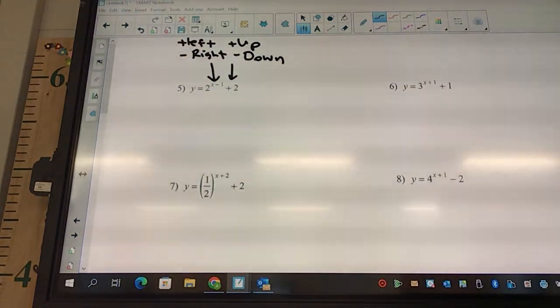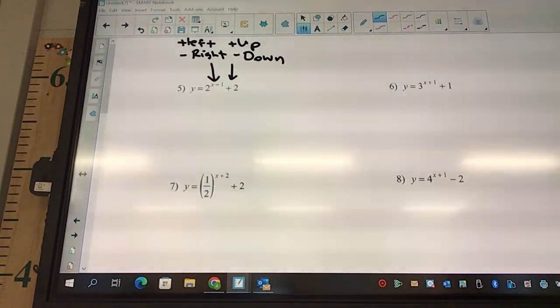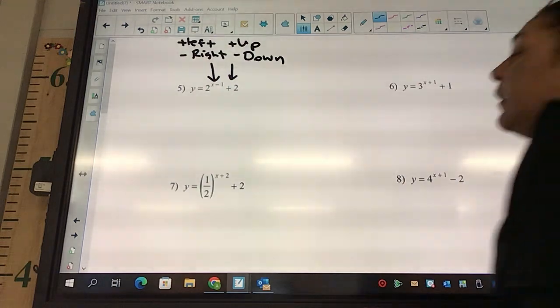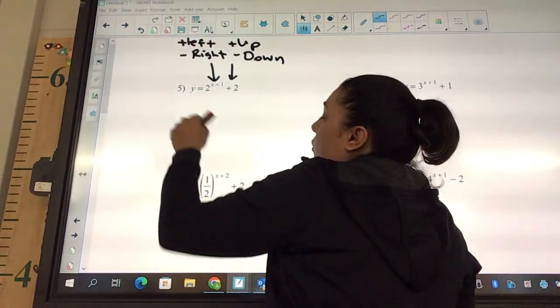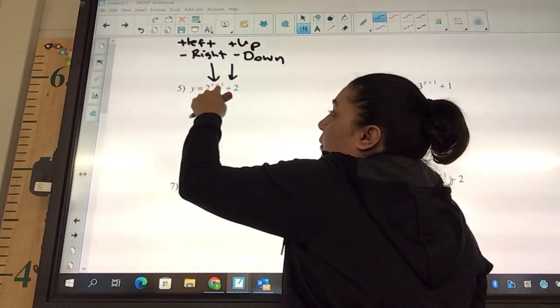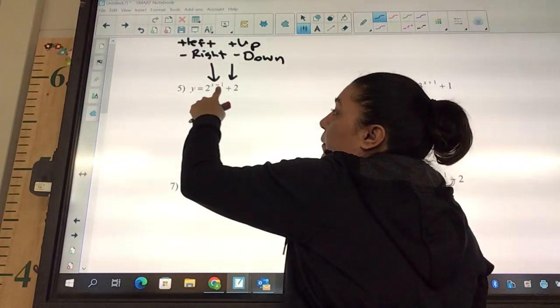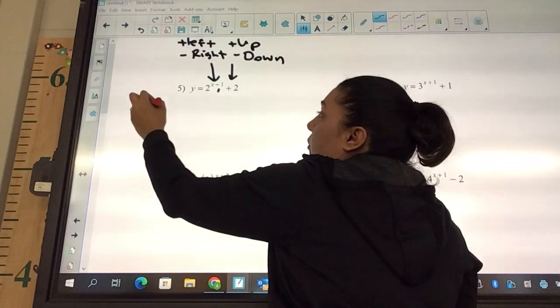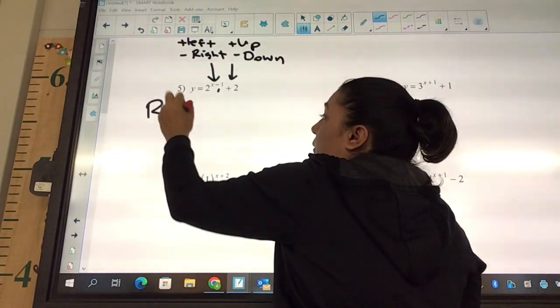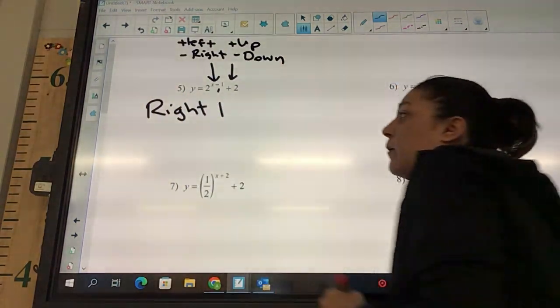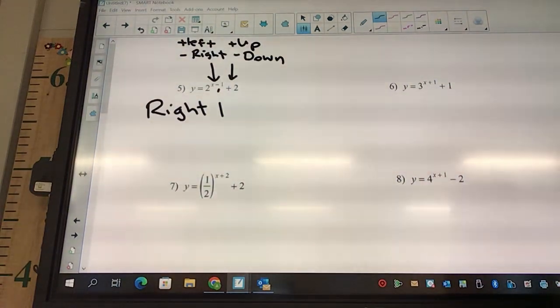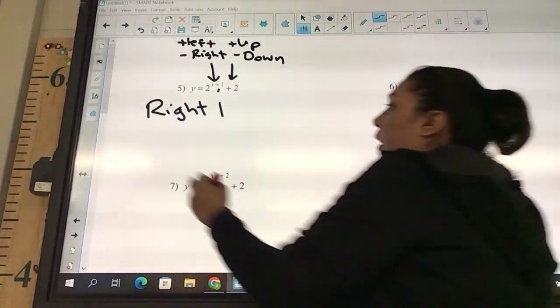Okay, and then we read from left to right, obviously. So what is this one doing? Two minus. Right here. Two left. We're going to the right one. Then what? Up 2.